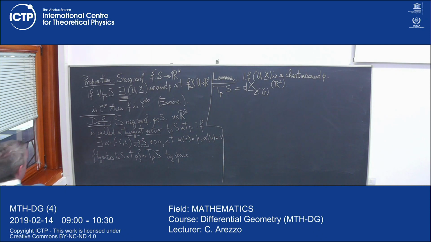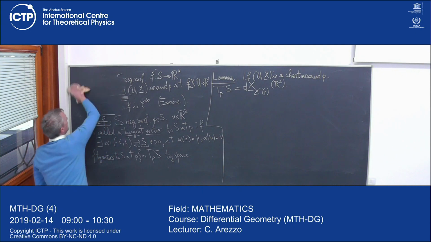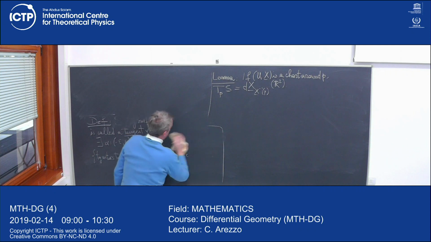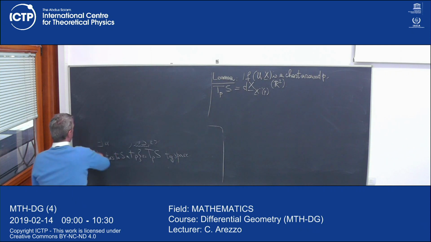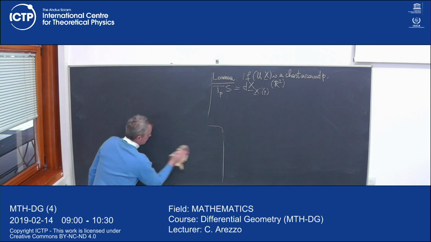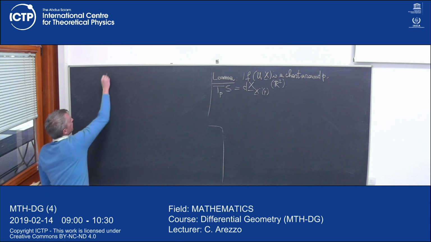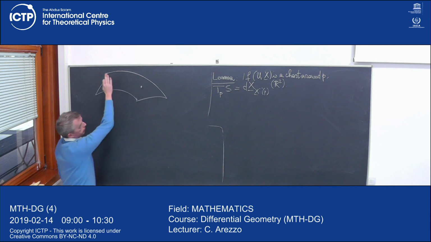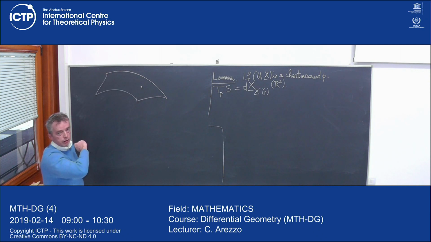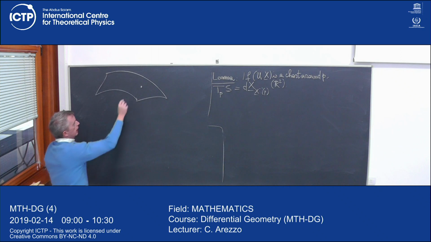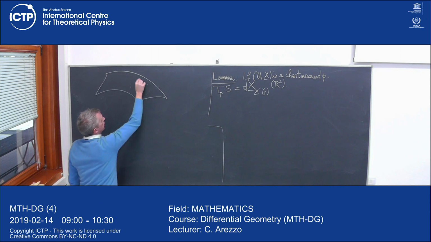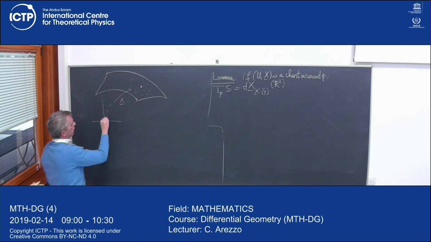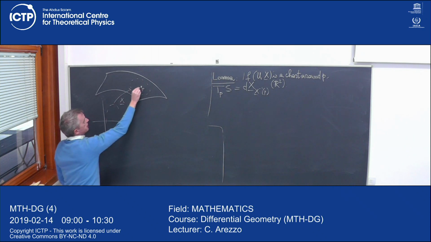A picture is welcome again, even if it's always the same picture. I'm trying to understand how the tangent space at this point should look. And this lemma is telling me, take a chart, look at where this point is coming from.